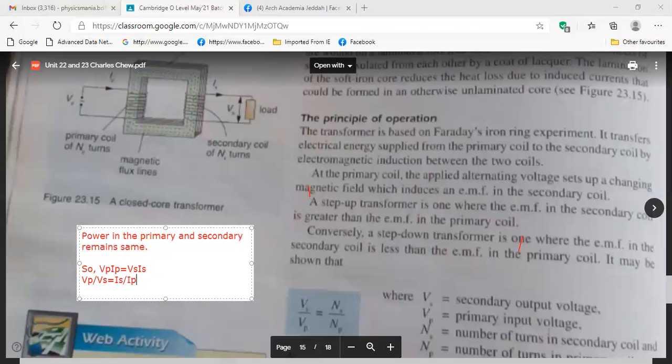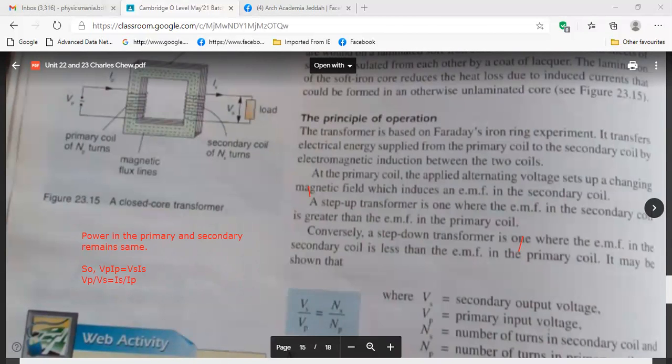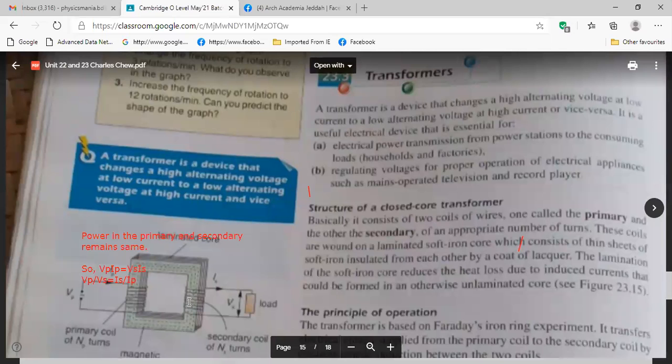So this way we get the working and calculations. Then you write this definition of transformer. Sometimes this definition of transformer comes, and that time you can write this definition.